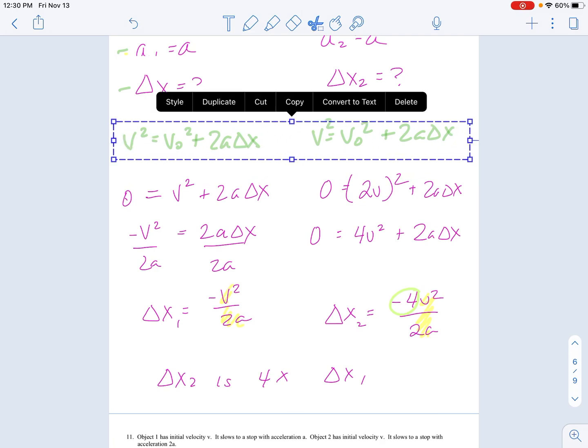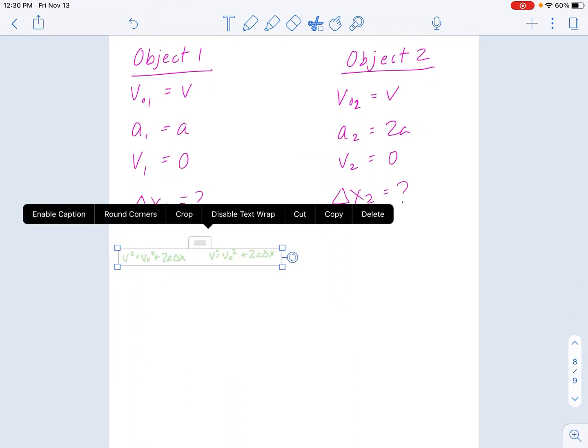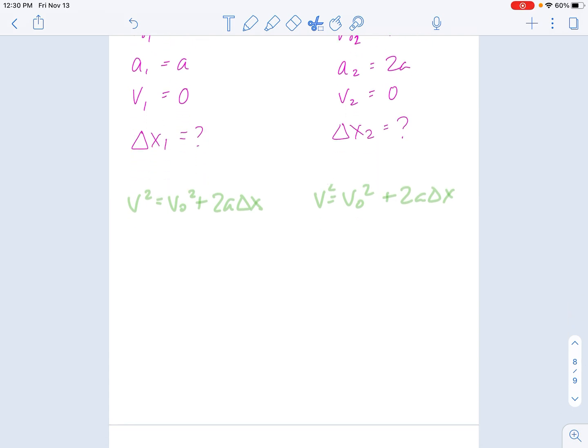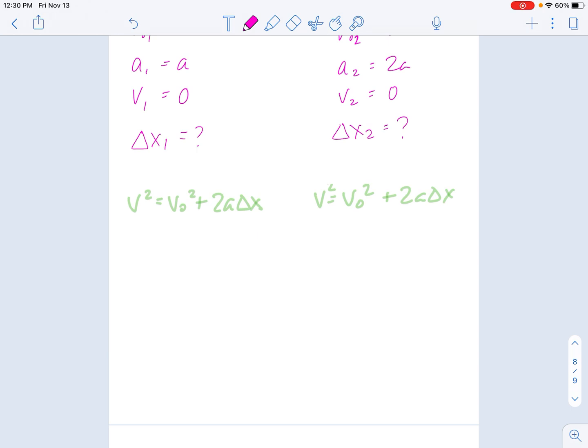It was this one. And I'm solving for delta x. So to solve for delta x, I would subtract v naught from both sides. So I get v squared minus v naught squared equals 2a delta x. So delta x is going to be v squared minus v naught squared over 2a.